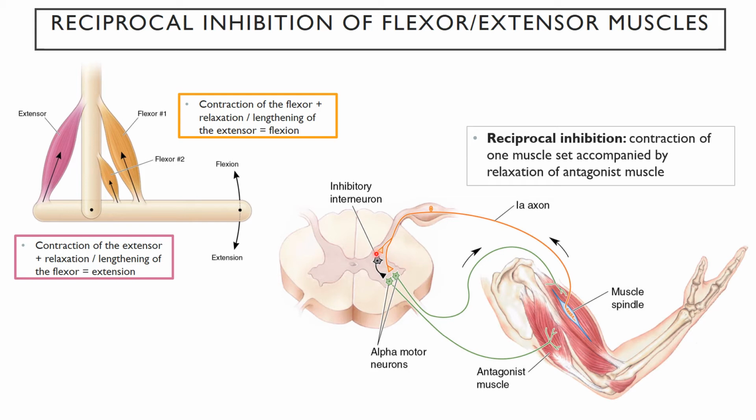It will connect to an inhibitory neuron that will fire, and then this inhibitory neuron will cause this neuron, which is synapsed onto the opposite muscle, in this case the extensor muscle, the tricep. So this inhibitory neuron is firing, it lowers the rate of firing of this motor neuron so that it relaxes.